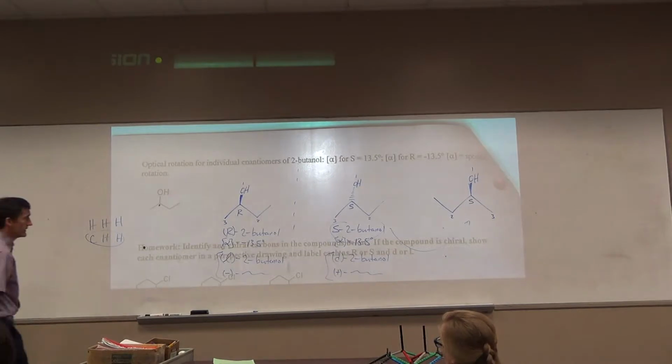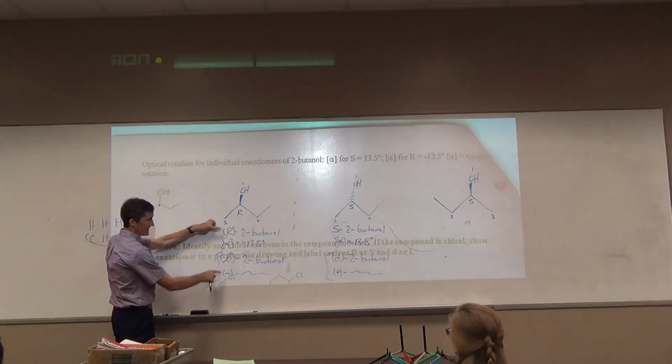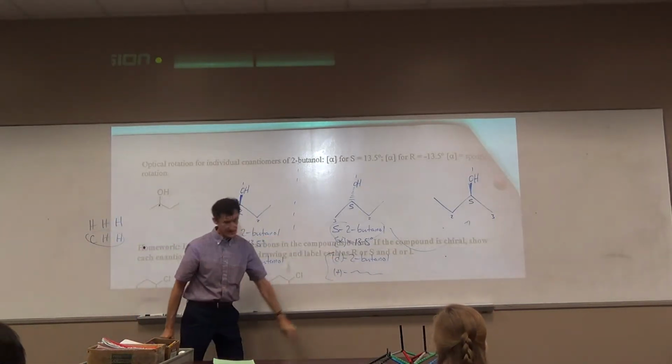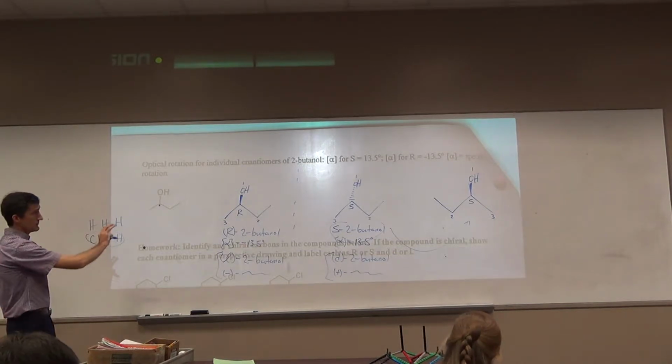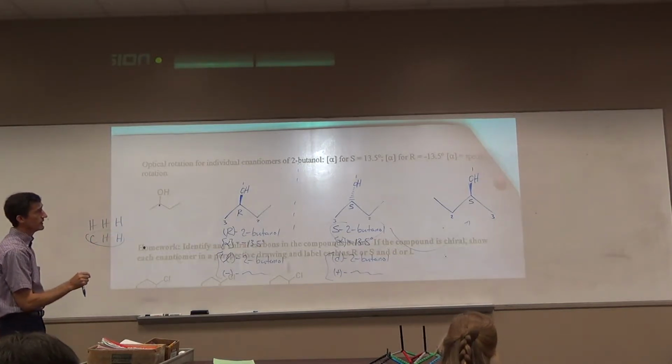Now, importantly, please don't think that R is always L or that S is always D. It's not. They have no relation to each other. Sometimes R may be D. Structure does not go with rotation. It's actually very random, and kind of quirky. Okay? For the example we did here.